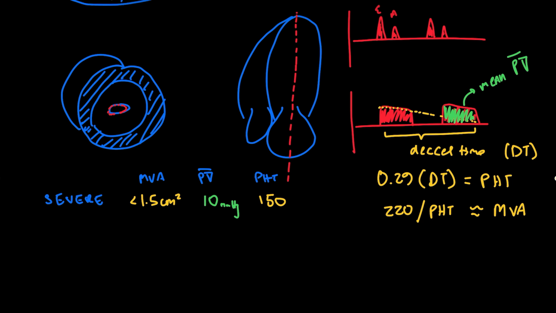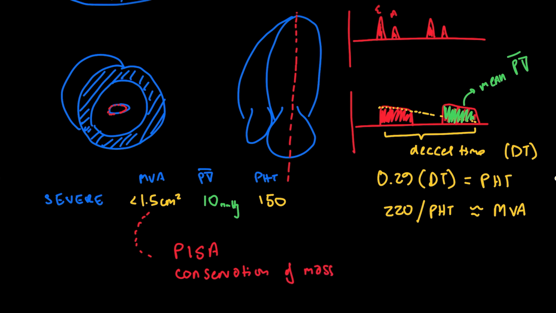I just want to make one other point. You may recall from previous videos that we can also calculate or estimate our mitral valve area with the proximal isovelocity surface area concept, or with the conservation of mass.